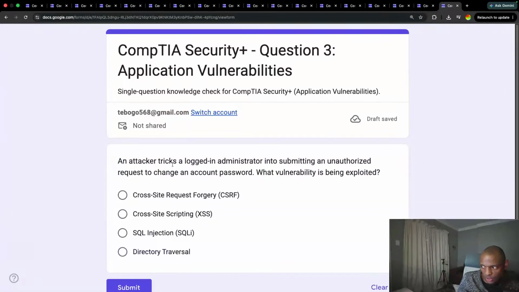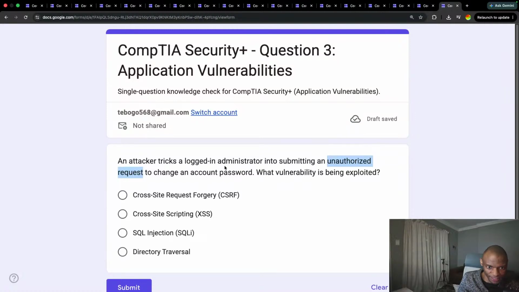It says an attacker tricks a logged in administrator into submitting an unauthorized request to change an account password. What vulnerability is being exploited? So the keywords on this question here are the attacker tricked an administrator into submitting an unauthorized request.